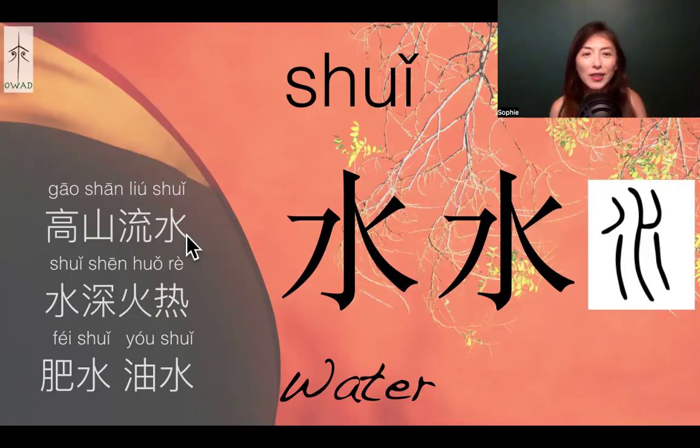水深火热. Now, instead of a pair water with mountain, which is a beautiful picture in front of us, we have water, 水深, water deep, 火热, fire, hot. Okay, this is something that's, I guess, Chinese sometimes almost use language to depict something that's obvious, like you don't really need to say it, right?